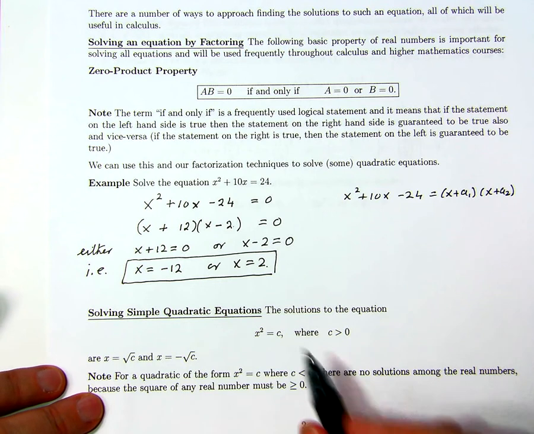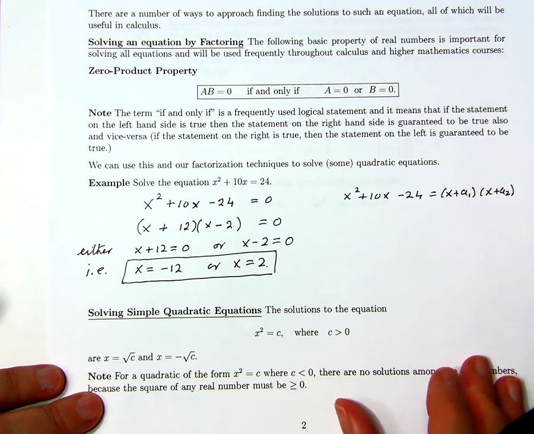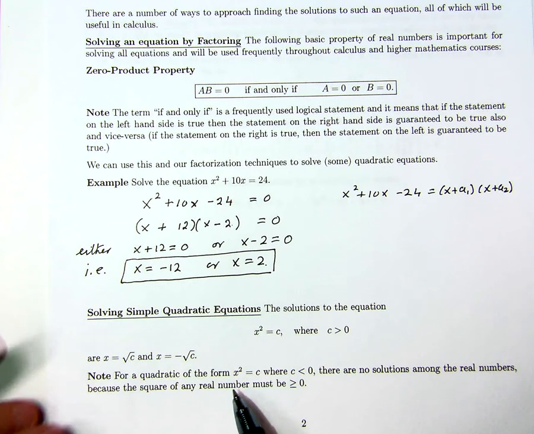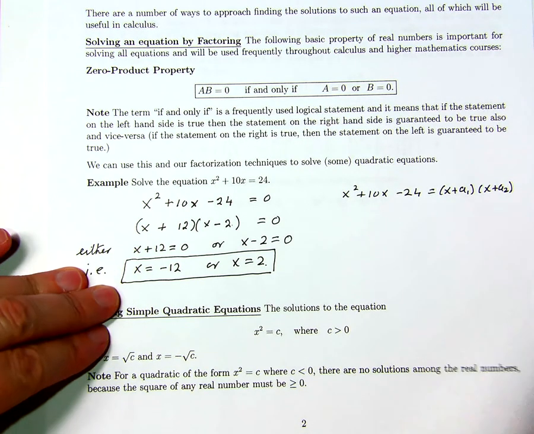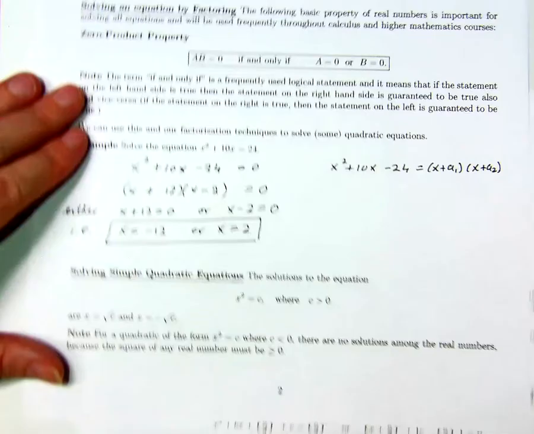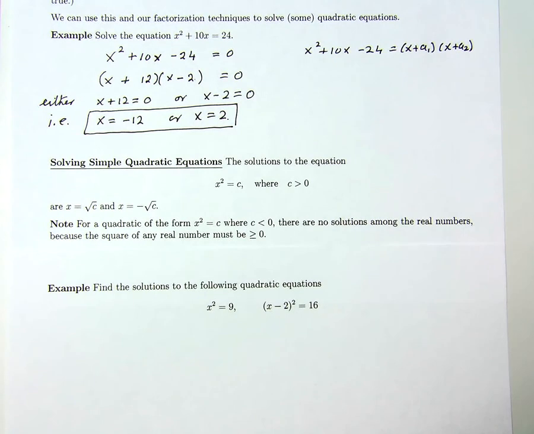Note that if I was given an equation x squared equals a negative number, then there are no real solutions, because squares are always greater than or equal to 0 when x is a real number. So these equations are very easy to solve, and they're going to help us come up with a formula for the general solution of a quadratic equation.